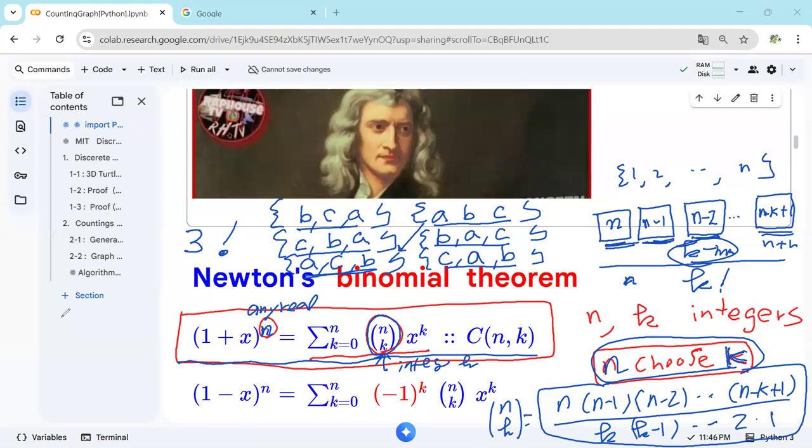For example, root of (1 plus x) is in fact (1 plus x) to the 1 over 2. In this case, n is 1 over 2.